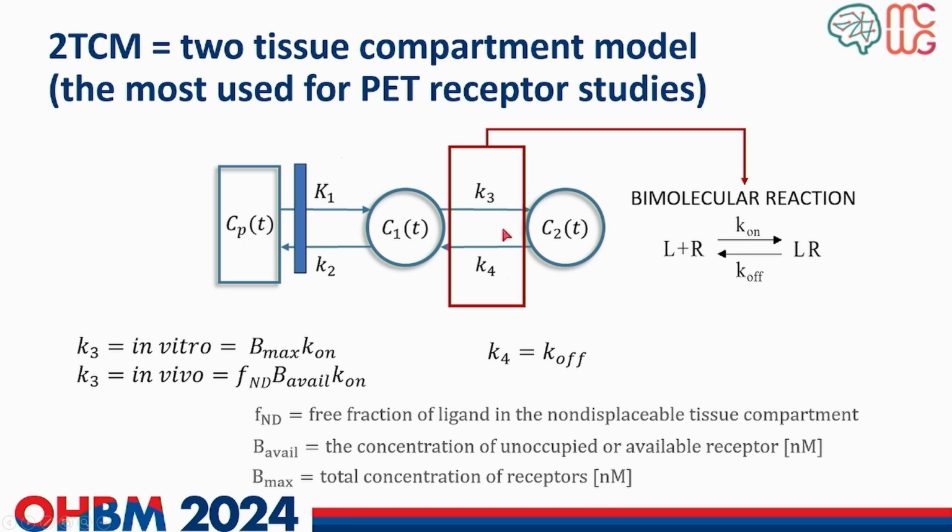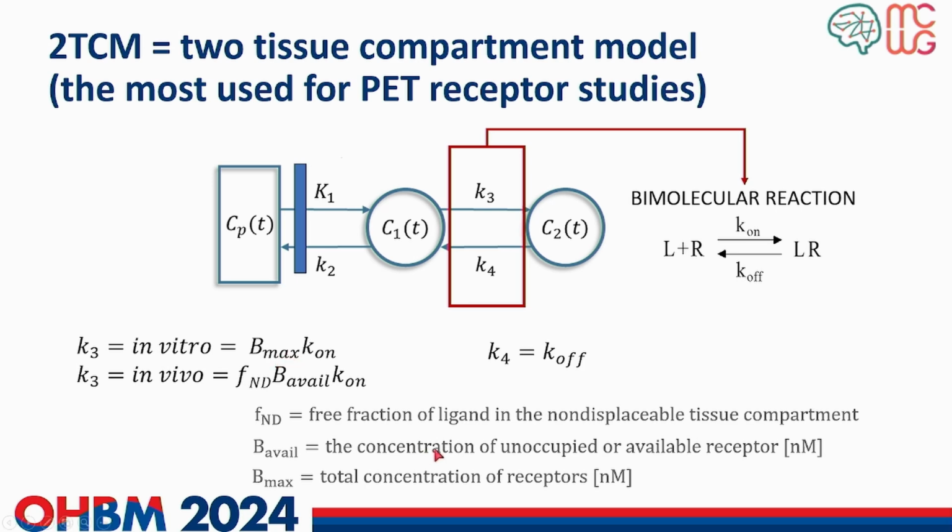Speaking about K3 and K4, there is a binding process, and the reaction is normally a chemical reaction. If you go inside the books, the rates are represented by K on and K off. K3 is not directly a K on, but is a K on multiplied by the Bmax.